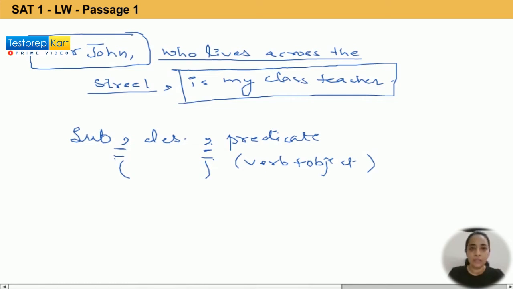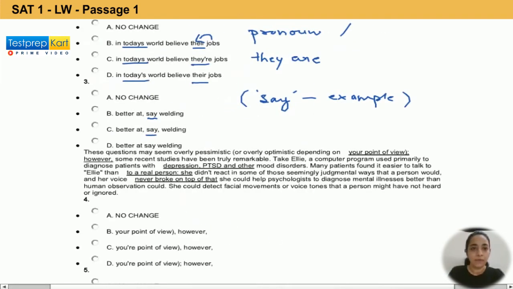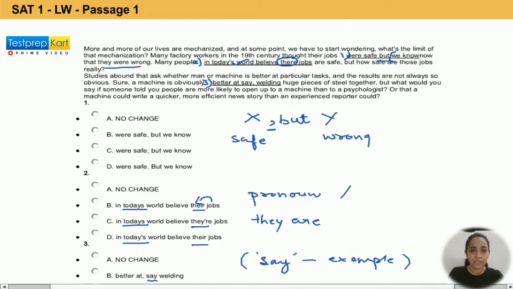So let's look at this. What do we have here? The first option, let's look at the part which is given to us. It says better, then we want to say better at. Now note, if I remove this say here, it is a complete sentence.